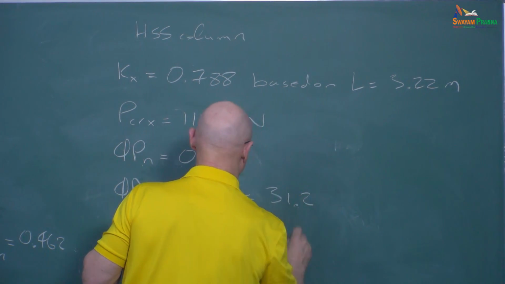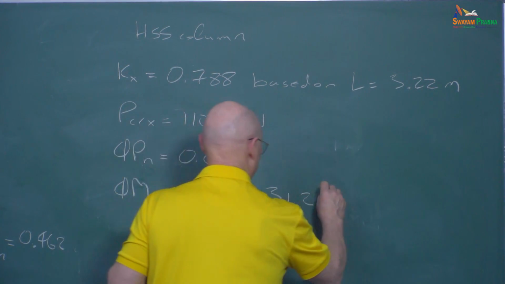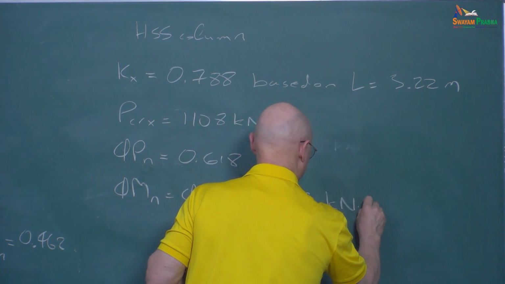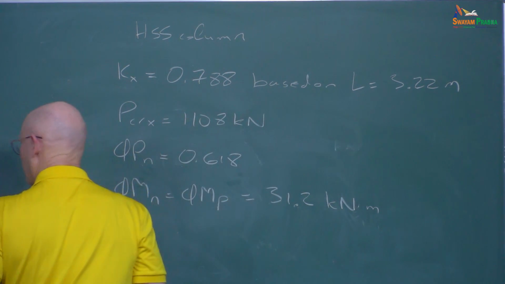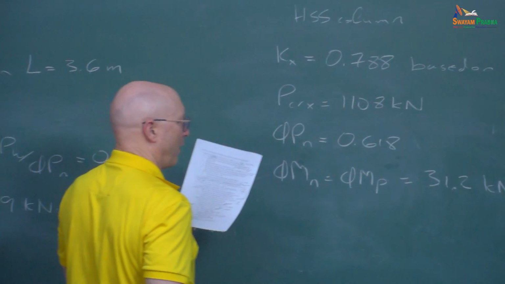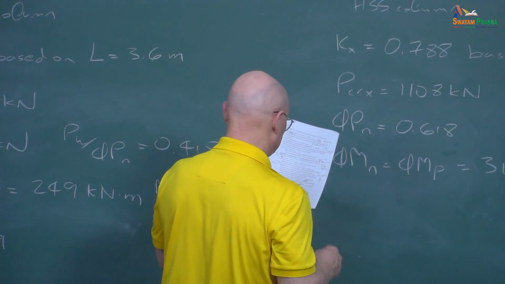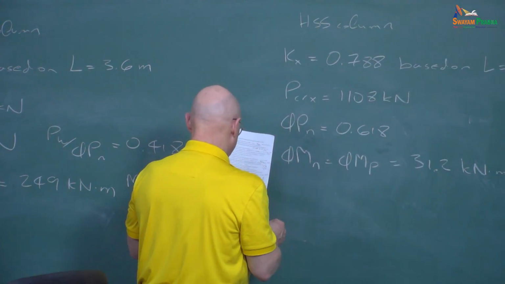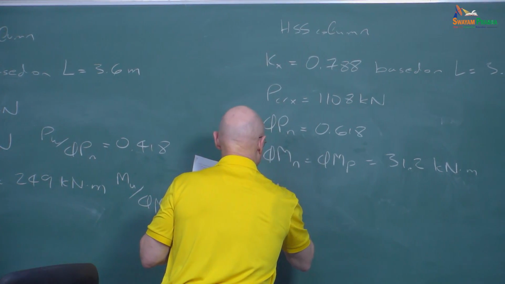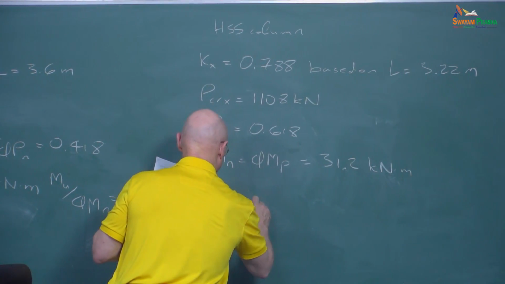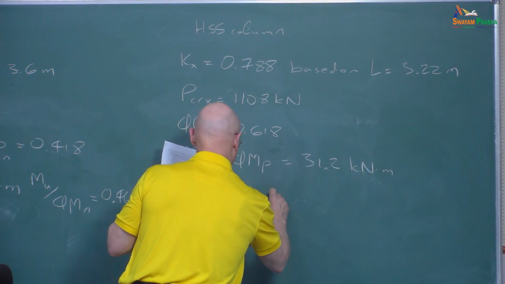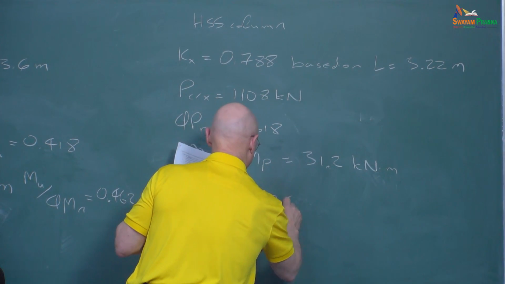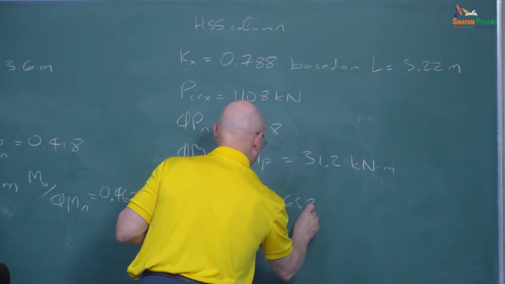It's not very big, so the plastic moment you can see is relatively small compared to what we had for the wide flange column. And Mu over ϕMn here is 0.658.